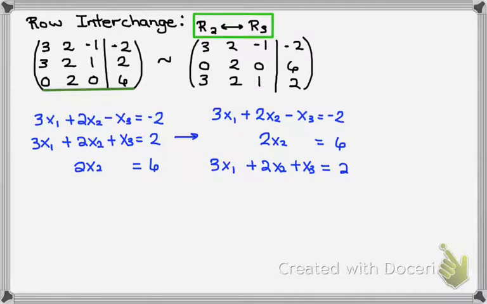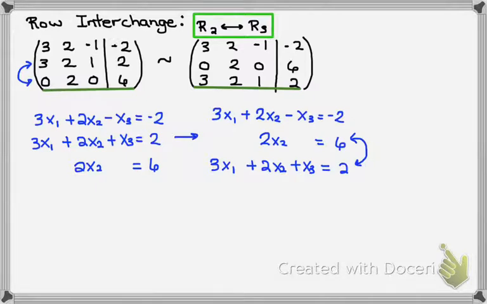Here we're interchanging row 2 with row 3. When we do that, we end up with this result. Below, I have the actual linear system. Notice that the result of interchanging the 2 rows of the matrix is the same thing as simply exchanging the location of the 2 equations.